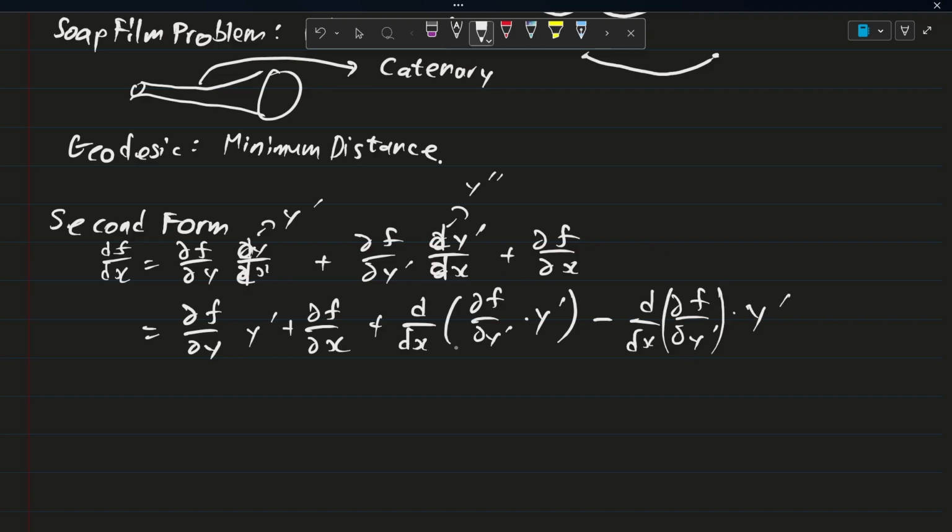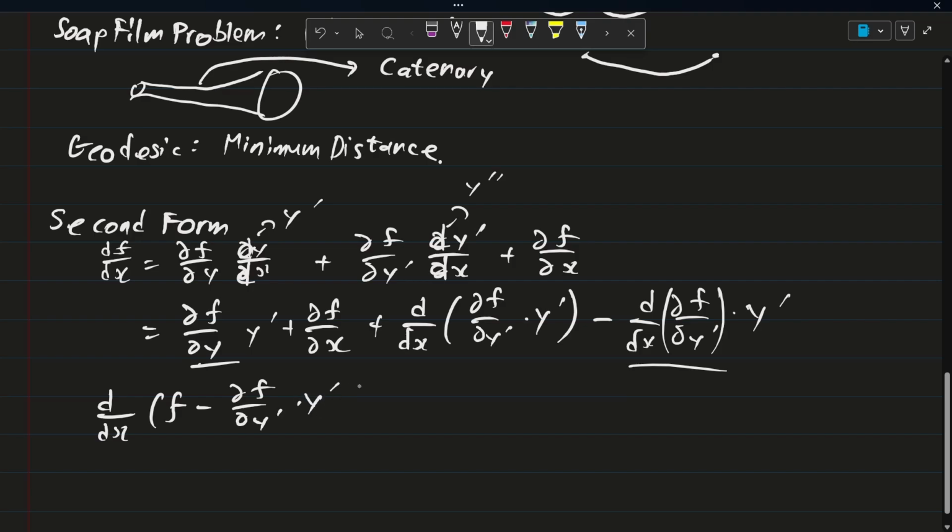If we group this together, you can see that partial f over partial y and this d over dx of partial f over partial y prime cancel to 0. Therefore, we get d over dx of f minus partial f over partial y prime times y prime is equal to partial f over partial x.